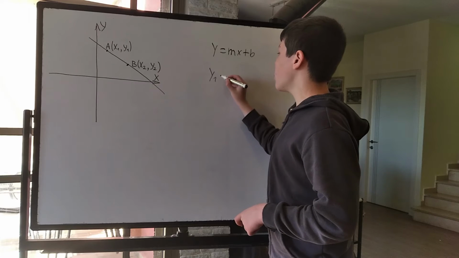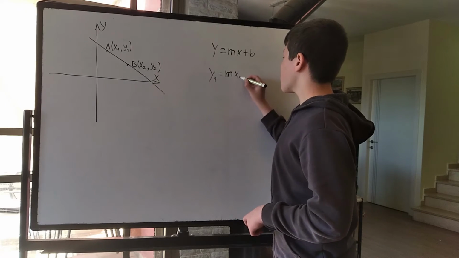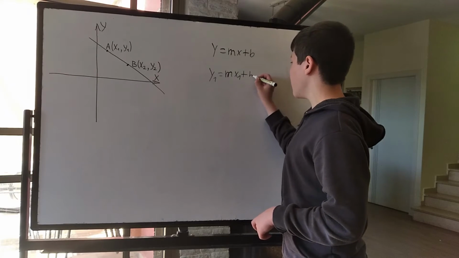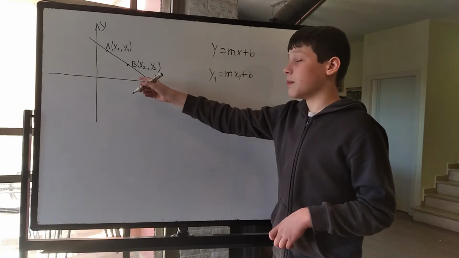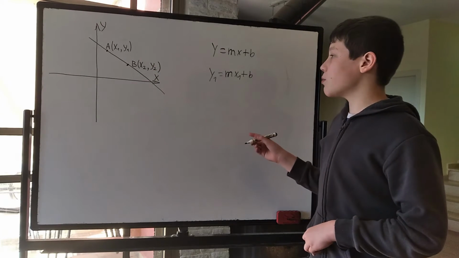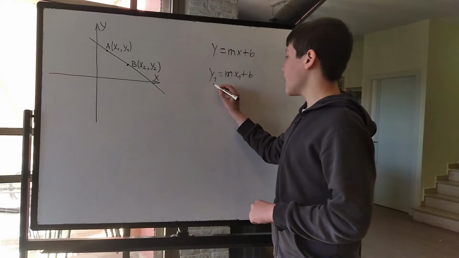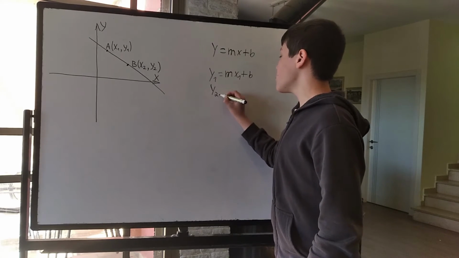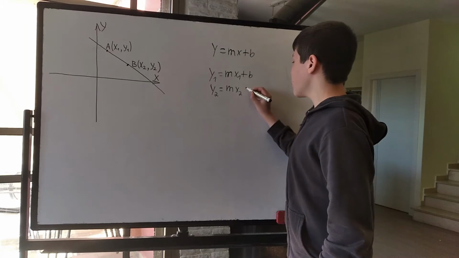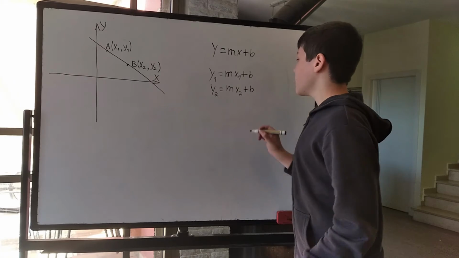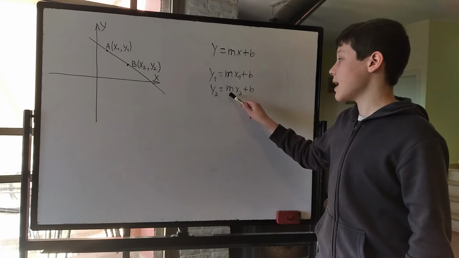So y1 is equal to mx1 plus b. And when B is on the line, we simply again plug in its coordinates, and we get that y2 is mx2 plus b.